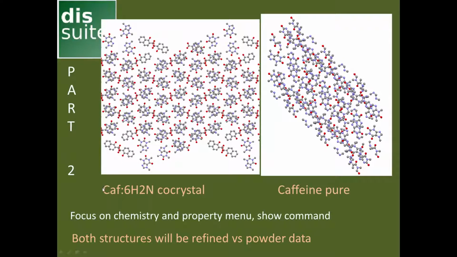I have added a second phase to the macro, which is a caffeine 6-hydroxy-2-naphthoic acid co-crystal. So that means it's a two-compound organic crystal, consisting of caffeine and 6-hydroxy-naphthoic acid. And this co-crystal wants to be modified. We try to change molecules in there.